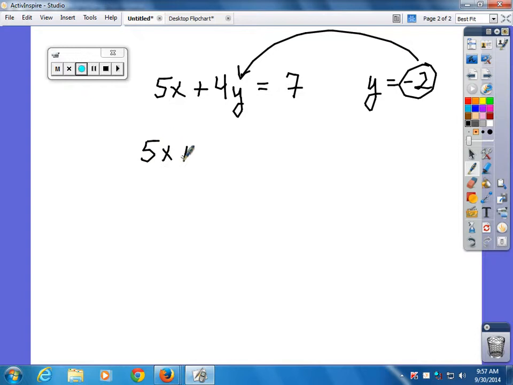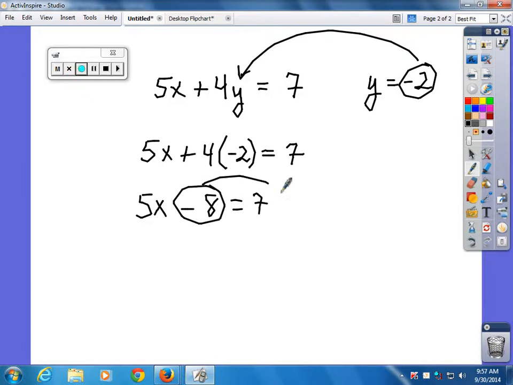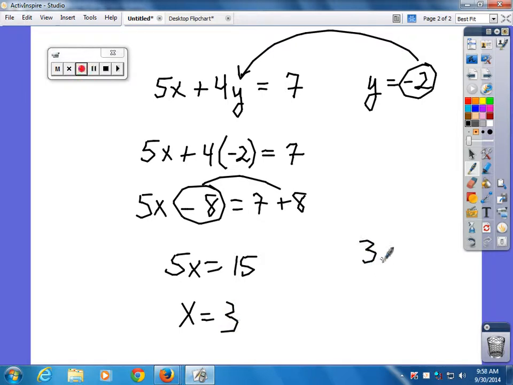5x plus 4 times negative 2 is equal to 7. 5x minus 8 is equal to 7. Take the 8 across the river. 5x is equal to 15. X is equal to what? 3. So our final answer is 3, comma, negative 2.